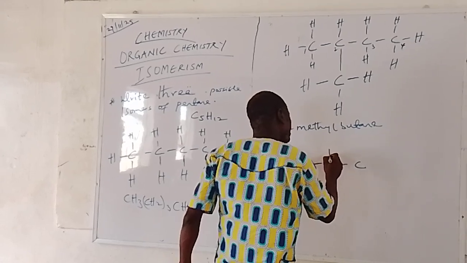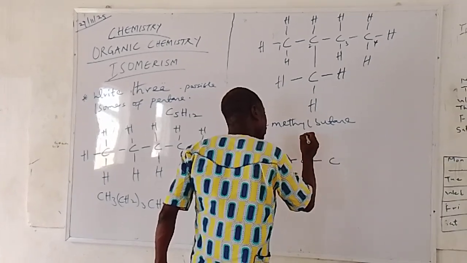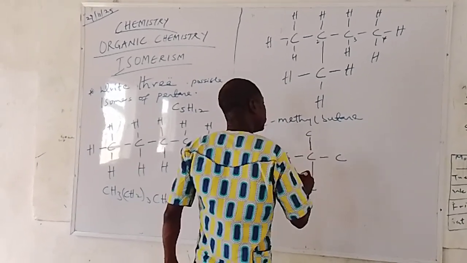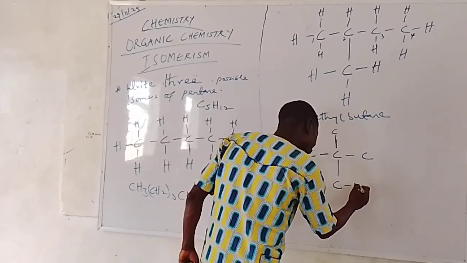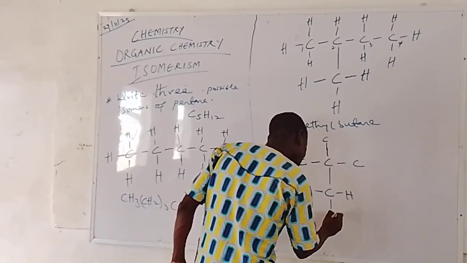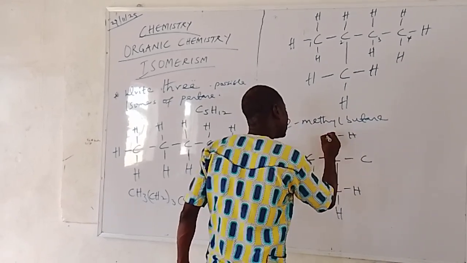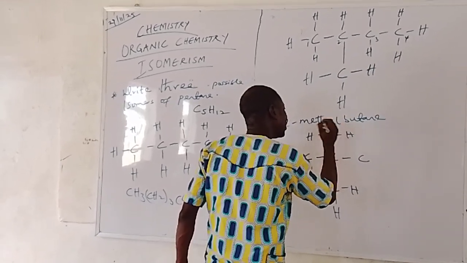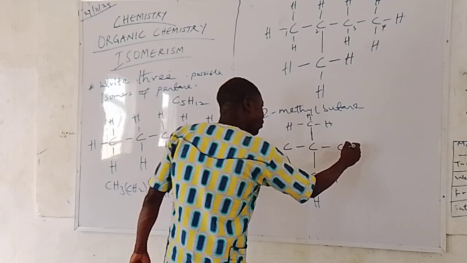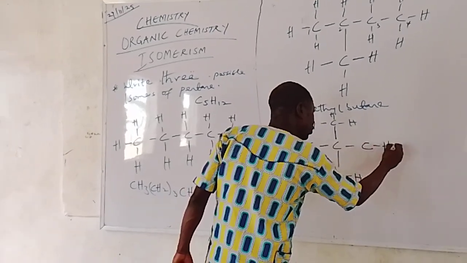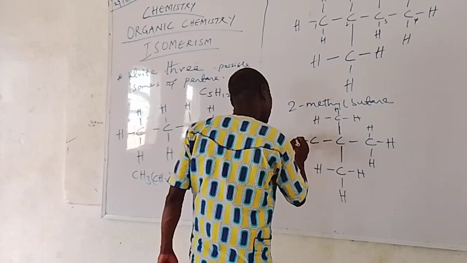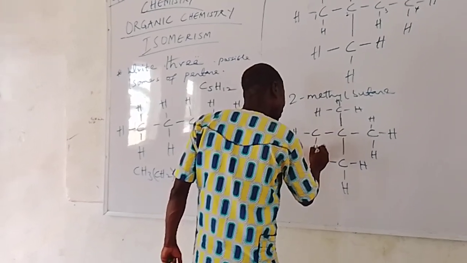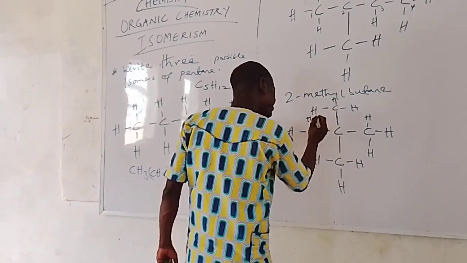If I branch it at the top, I have carbon, and then that carbon will definitely carry 3 hydrogen each: 1, 2, 3 and 1, 2, 3. Now let's fix all other hydrogen, one at the top again.